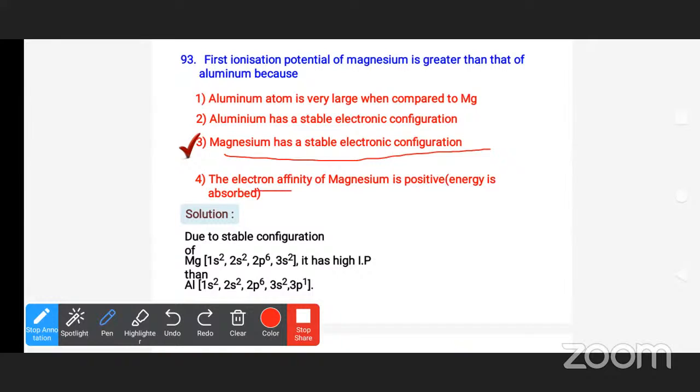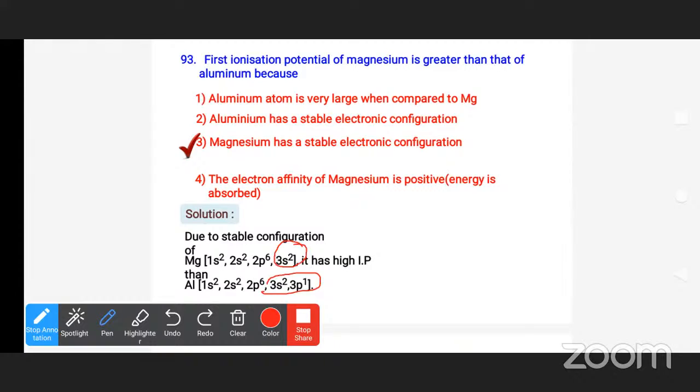Fourth one, the electron affinity of magnesium is positive, energy is absorbed. Due to stable configuration of magnesium, atomic number is 12, so 1s2, 2s2, 2p6, 3s2. Aluminium atomic number 13, so configuration is 1s2, 2s2, 2p6, 3s2, 3p1. So valence shell 3s2, 3p1.